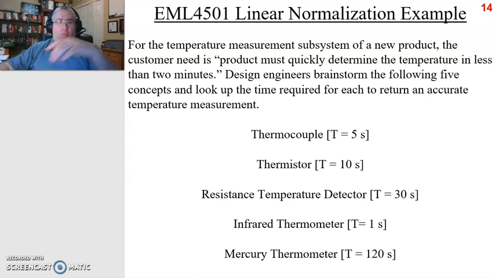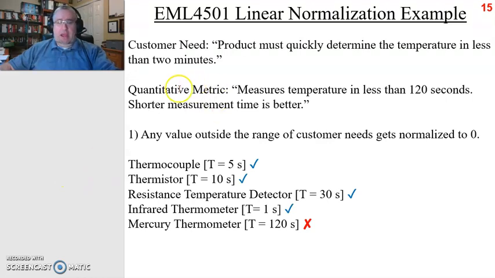Okay, so normally we would take that customer need and convert it into a quantitative metric. I've done that on the next slide, which I'll show you here for a second. So the quantitative metric is going to be measures temperature in less than 120 seconds, and shorter measurement time is better, right?